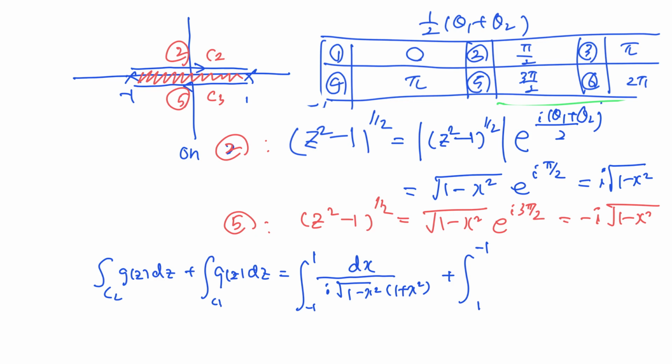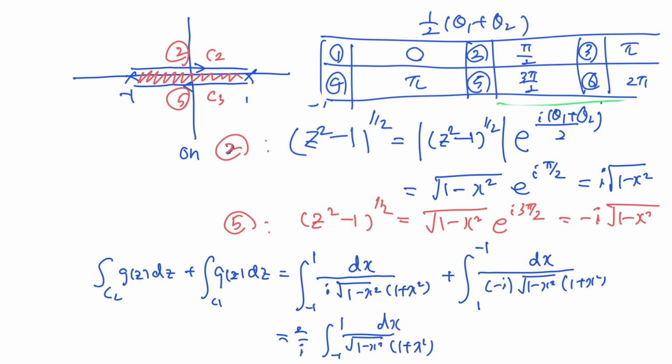But also we have minus I dx. So this minus will actually change the upper limit and lower limit. So it becomes I over 2, 2 over I. And you can guess that the other two integrals will go to 0, right?